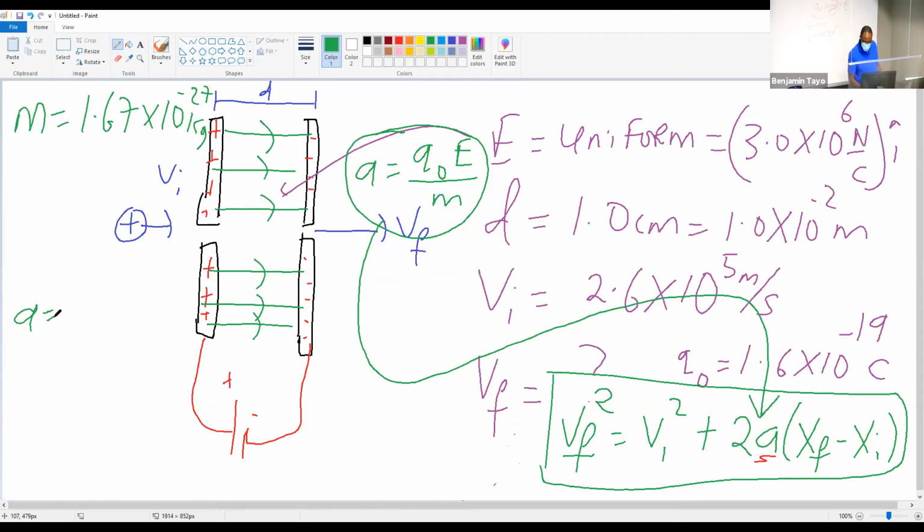Multiply this by the electric field, which is 3, divided by the 1.6 times 3.